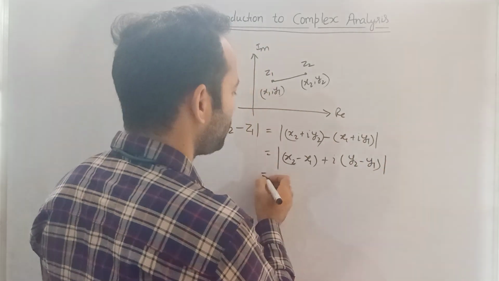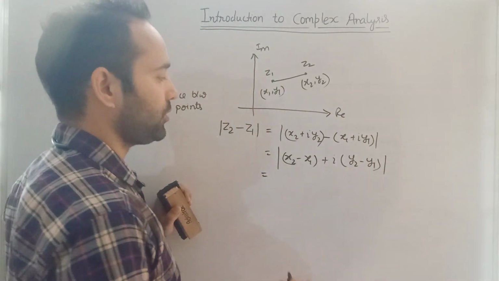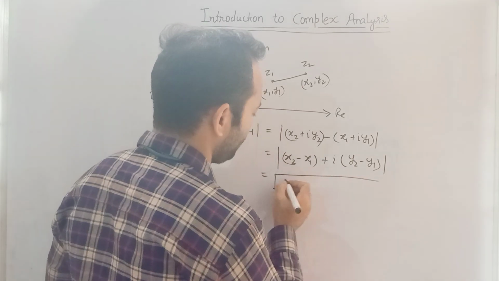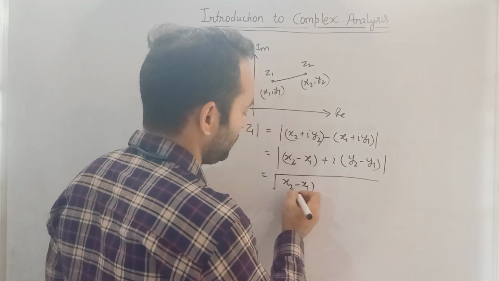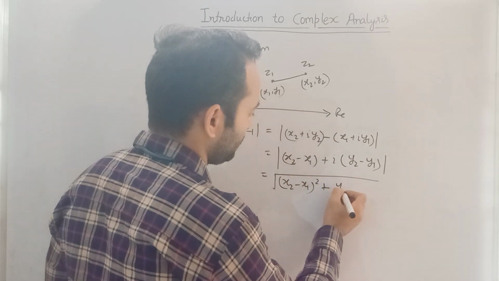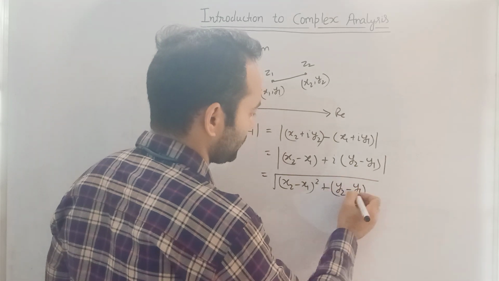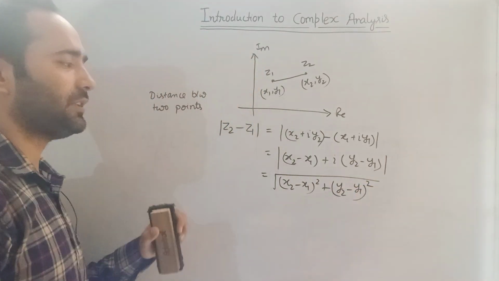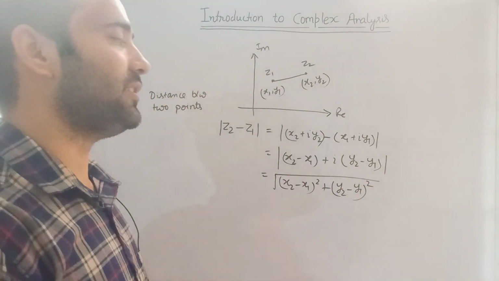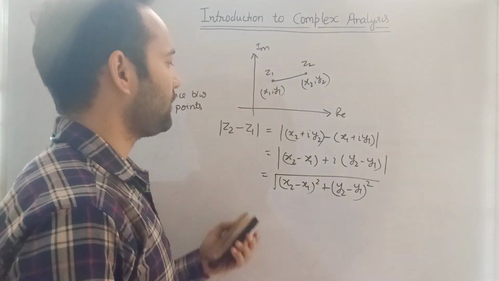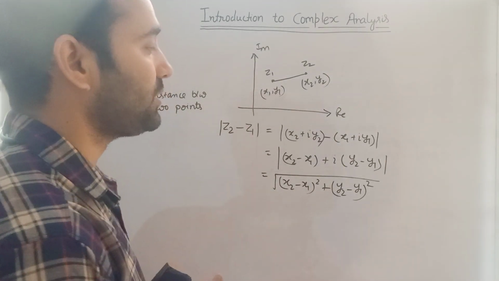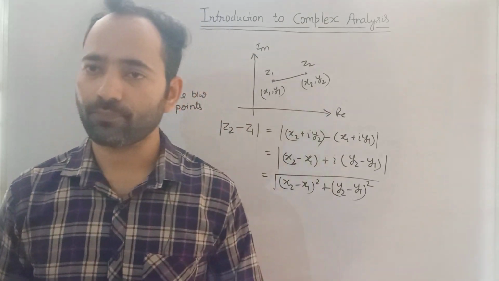You already know how to take the magnitude or mod of this thing. What is it? Root of x2 minus x1 whole square plus y2 minus y1 whole square, right? This is the original formula that you use in Cartesian coordinates as well, right? So this is how you calculate z2 minus z1, or the distance between two points on a plane.